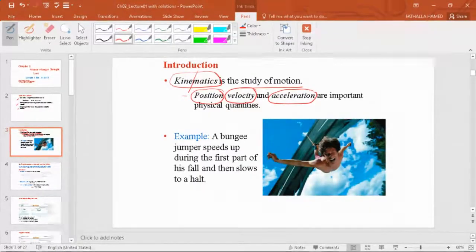But today we're going to only deal with position and velocity. These are the physical quantities that we're going to introduce in this chapter. So for example, in the image here, you have someone who's basically a bungee jumper. So we can basically describe the motion and so on. That's what kinematics is.